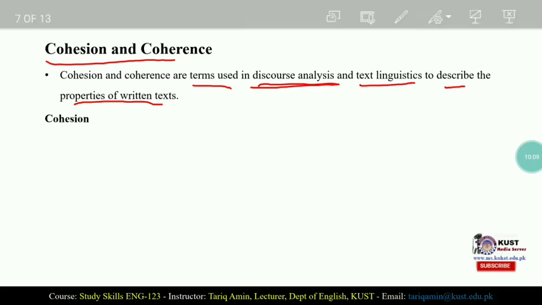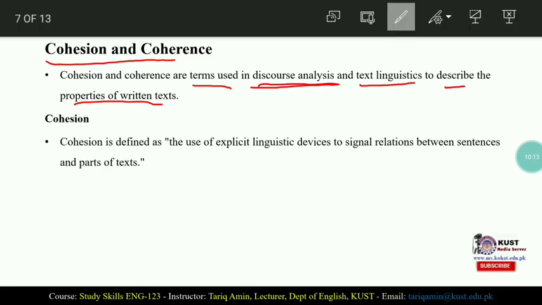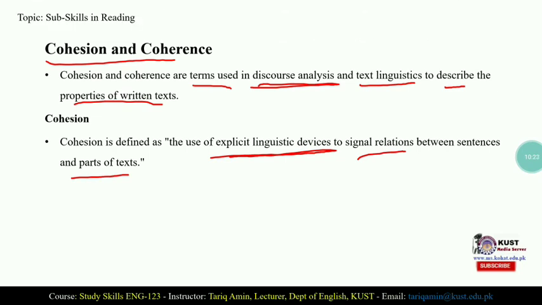Now, what is cohesion? Cohesion is defined as the use of explicit linguistic devices to signal relations between sentences and parts of text. These are explicit language devices, and these signal relationships between different sentences of a text and different parts of a text.